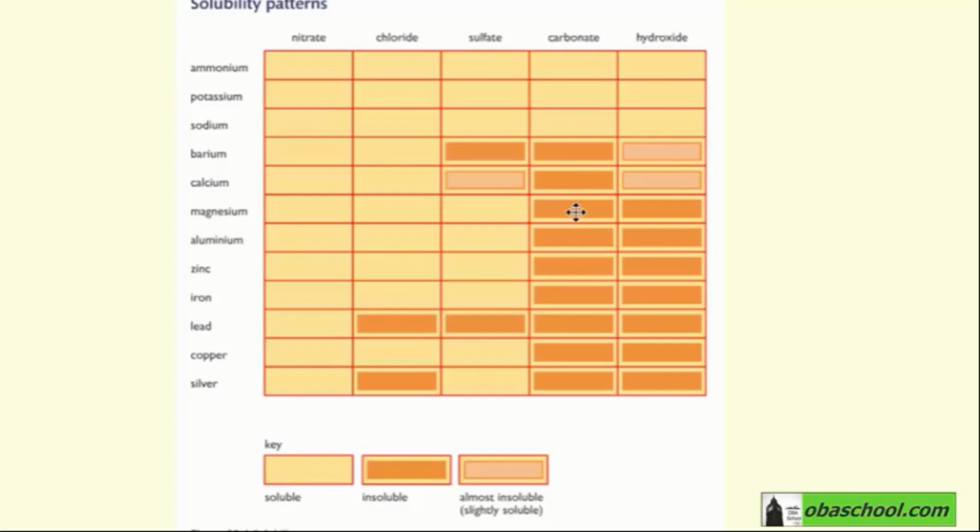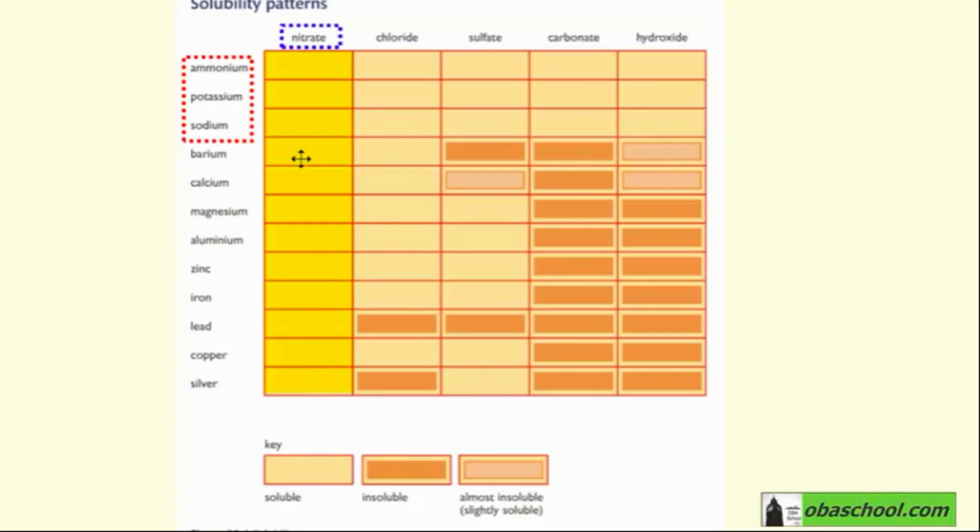Notice that the first three compounds, ammonium, potassium, and sodium, are soluble. There's nothing insoluble. Also, notice that the nitrate column is all soluble.